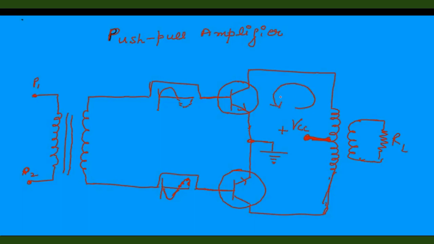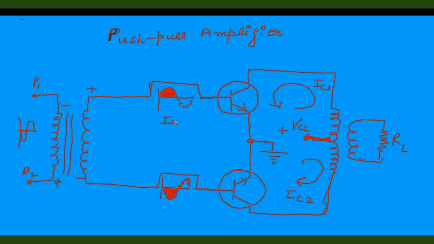Now the current IC1 flows anti-clockwise through transistor T1 and clockwise through transistor T2. This is when the positive part of the signal arrives here, and the negative part of the signal arrives at the lower transistor. Here the input signal is arriving at the primary of the transformer, and because of mutual induction, the sign comes here as plus minus.